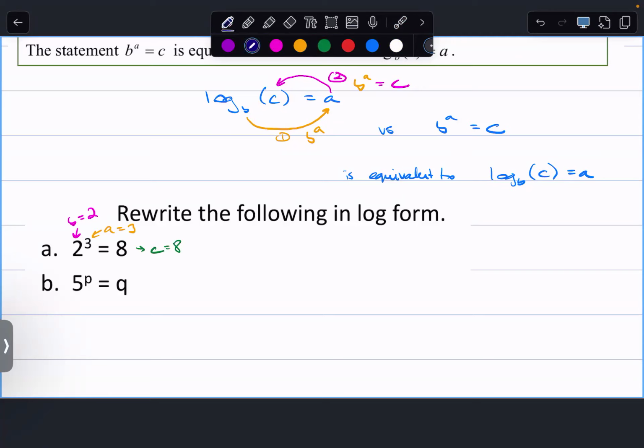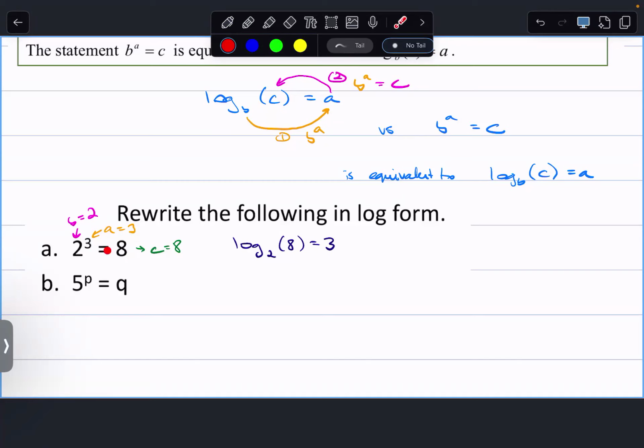So what I get then must be log base 2 of 8 is equal to 3. And you can always confirm, right? 2 to the power of 3 is equal to 8. That is what we had here.